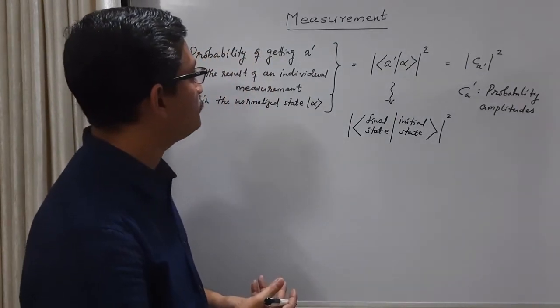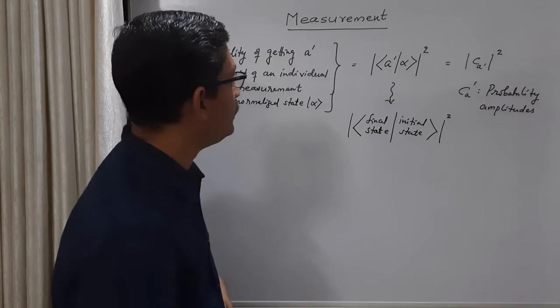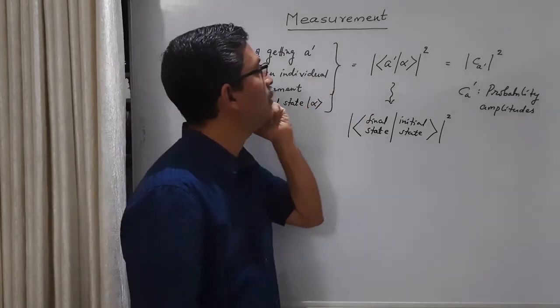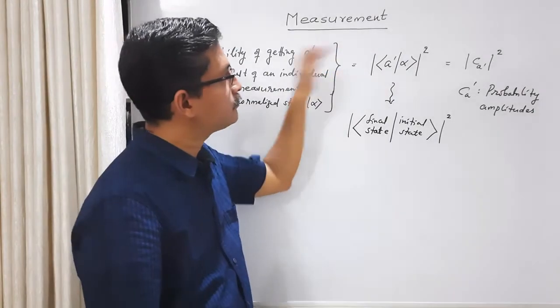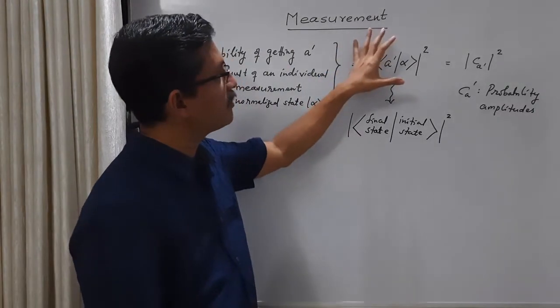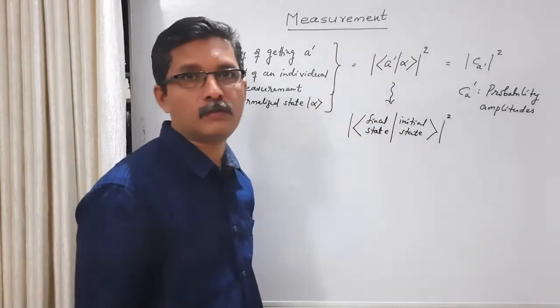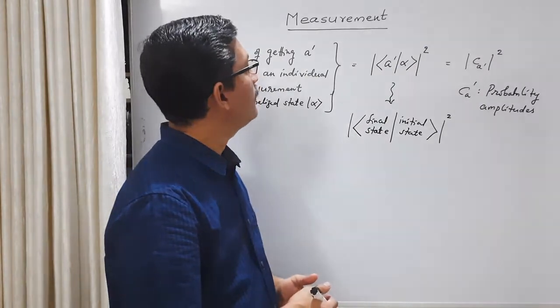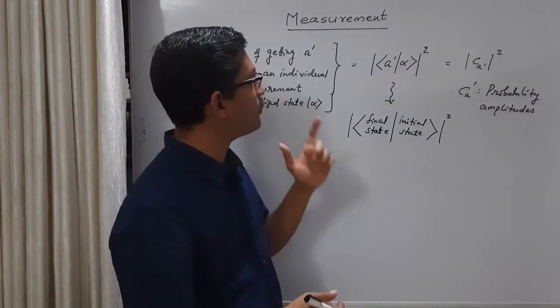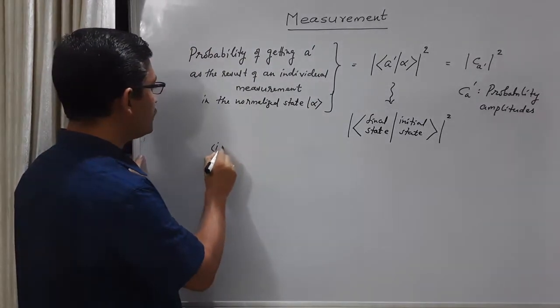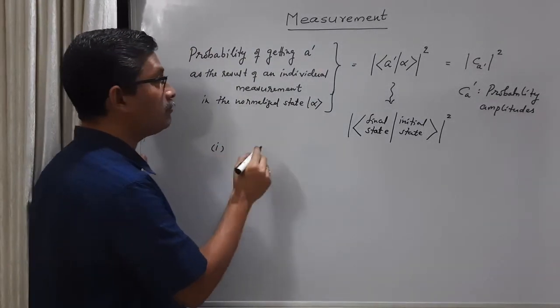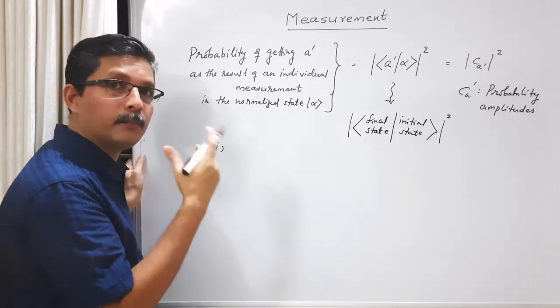Now let us see if this makes any sense. Let us verify whether this expression satisfies the properties of a probability. There are two important properties of any definition of probabilities. One is that it should always be positive.